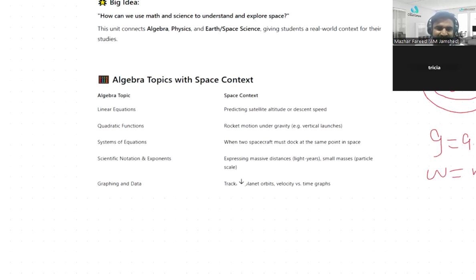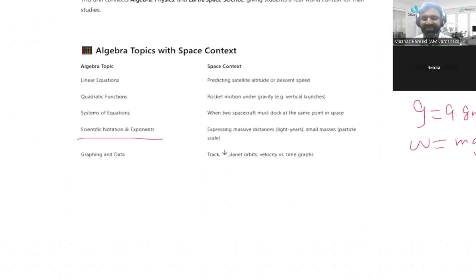And next is scientific notation and exponents. Consider the light reaching from the sun to the earth. The speed at which sunlight comes from the sun to the earth is called the speed of light. So you must know the speed of light well.